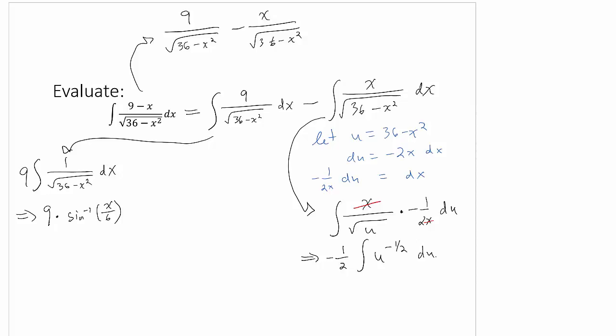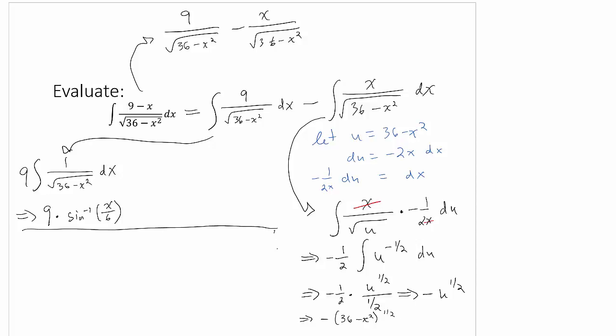So I would increase the exponent by 1 and divide by that new exponent. So I'd have negative 1/2 times u to the positive 1/2 over 1/2. The negative 1/2 divided by the 1/2, so this is negative u to the 1/2, and u was 36 minus x squared, to the 1/2.